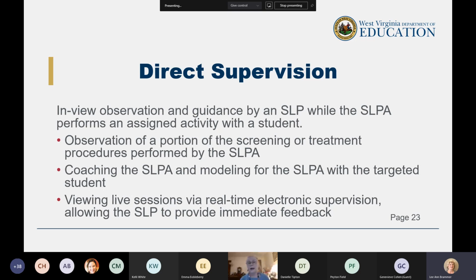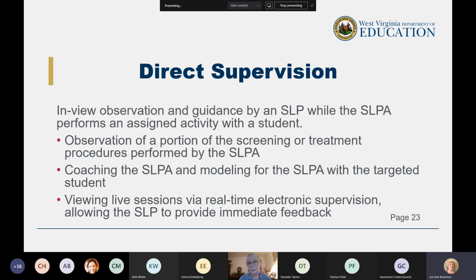So one of the suggestions I had is that maybe you stagger your schedules a little bit so that your session as a supervisor ends a little earlier, so you have 10 minutes and you could observe that SLPA at the final part of their session. You can be creative about it, but just because you're in the same room doesn't mean that you're directly supervising the student or the SLPA.